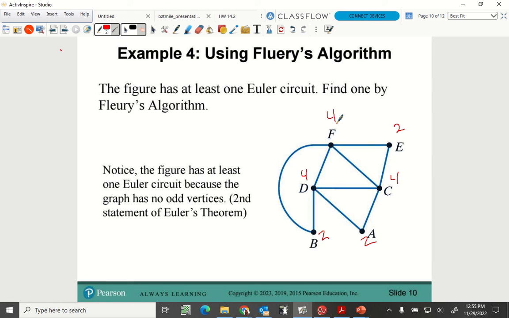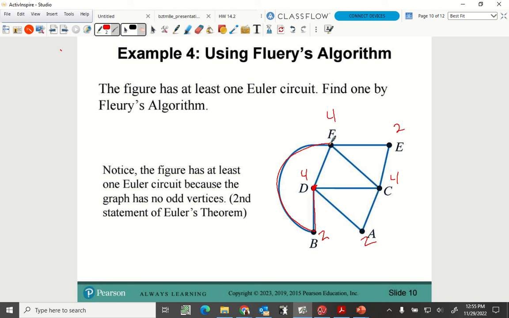If you start off in the middle, it actually makes life a whole lot easier. So notice the figure has at least one Euler circuit because the graph has no odd vertices, and so I'm going to start at D. Let's go through, and someone write these down for me so I can put it up here in a second. I'm going to start at D, and go to B.